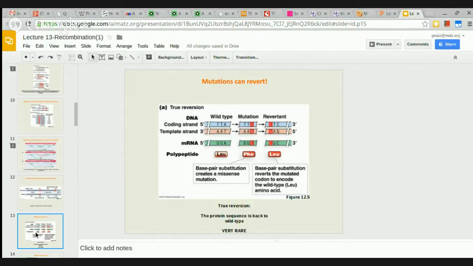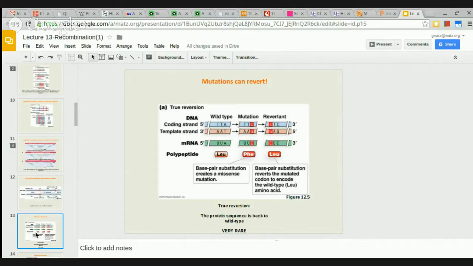Now, reversion, when you think about it: you have a mutation, let's say, for example, this one. And you're thinking of a revertant that recreates the exact sequence the original sequence was. That's called true reversion. The nucleotide sequence is back to wild type. The protein sequence is back to wild type, and everything is perfect once again.